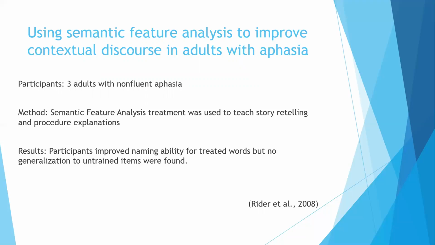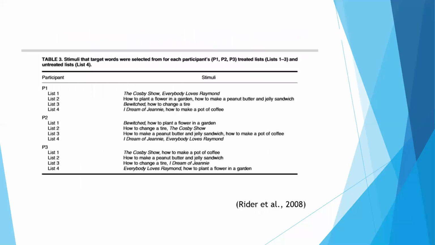The results were participants improved naming abilities for treated words, but unfortunately there was no generalization to untrained items. Here we have a graph showing the different video clips used to teach the participants about procedures: how to plant a flower in a garden, how to change a tire, how to make a pot of coffee.